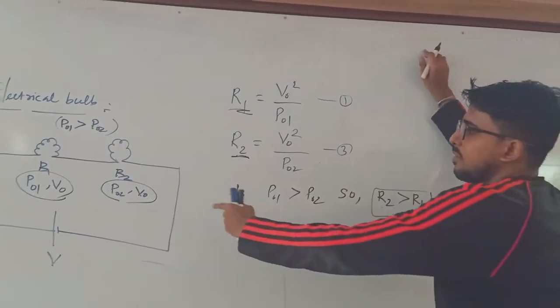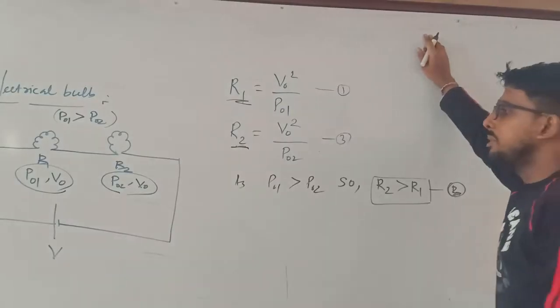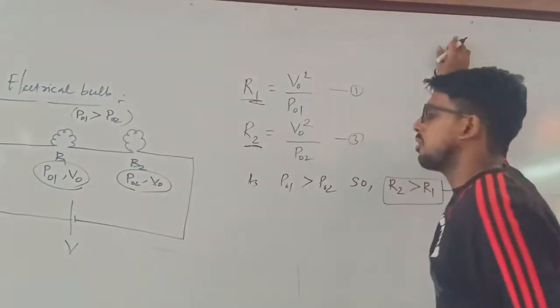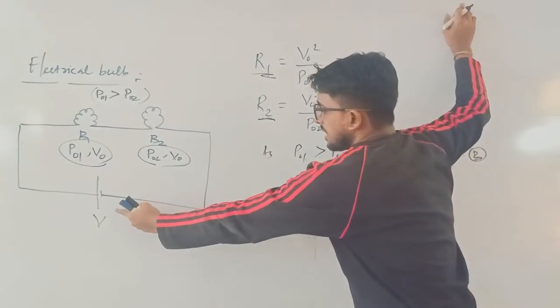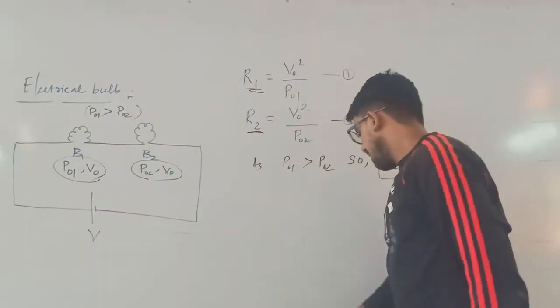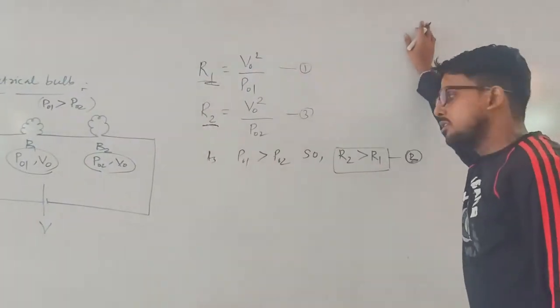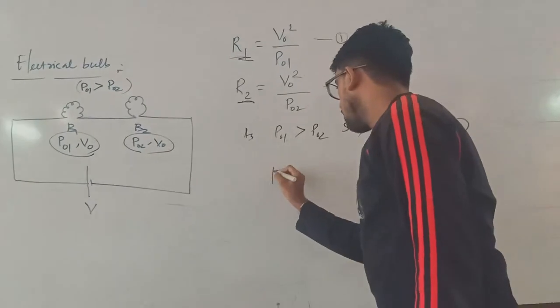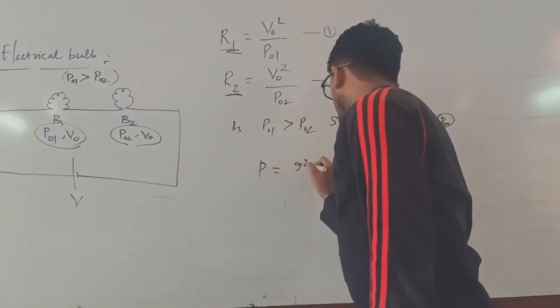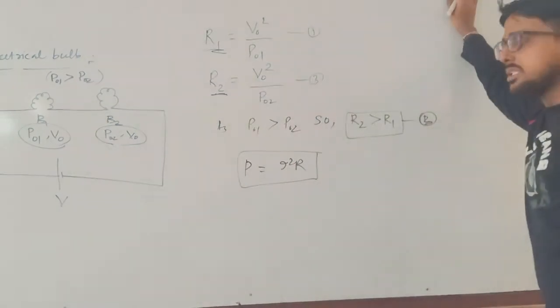Okay, so now if these two bulbs are connected in series, what will be the power consumption by these two bulbs when a potential difference V is applied across the circuit? We already discussed in the previous lecture that if two resistors are connected in series, then the formula for calculation of power will be P equal to I square R, because in series I remains constant for all the resistors.